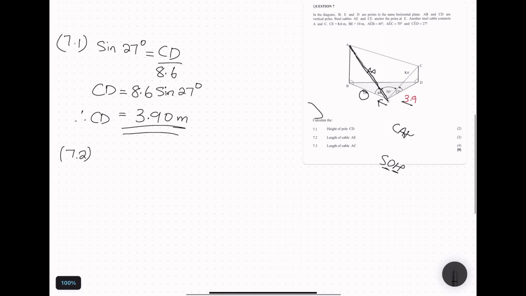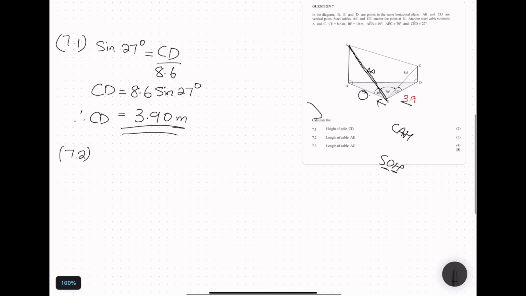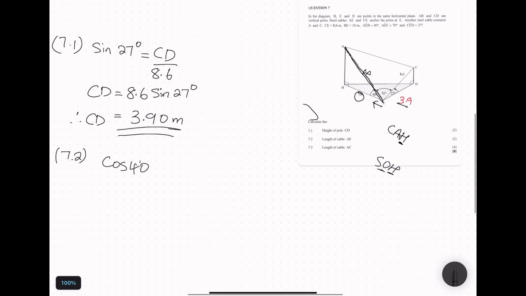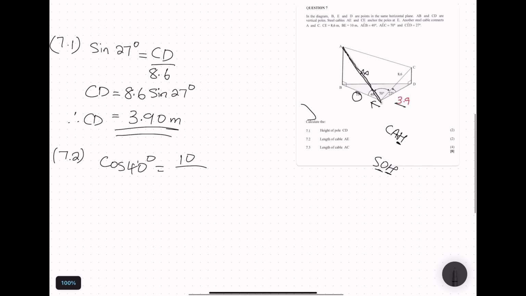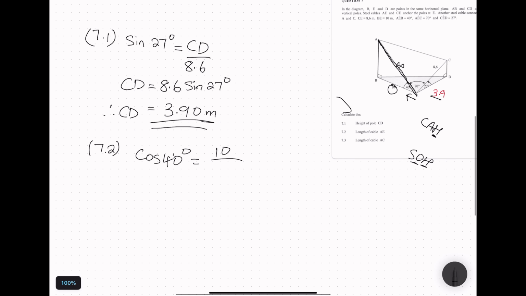According to SOHCAHTOA, we're going to use cos, because we have the adjacent, which we are given, and the hypotenuse, which is what we want. So we say cos of the angle given, 40 degrees, equals the adjacent side, 10 meters, divided by what we are looking for, which is AE.